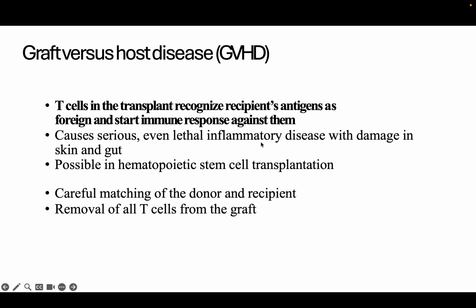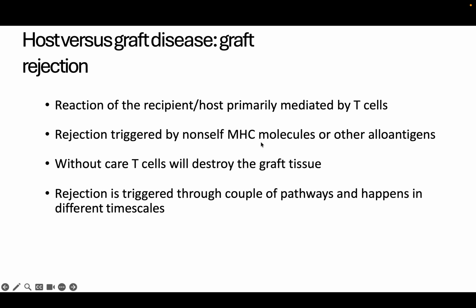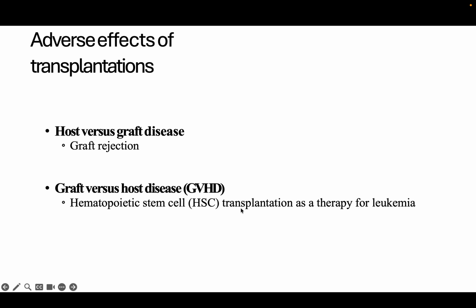This mostly happens in hematopoietic stem cell transplantation. It can happen in graft rejections, but it mostly happens in hematopoietic stem cells, because here you're creating a whole new immune system from a different person, and sometimes they can become a bit haywire against your own proteins.